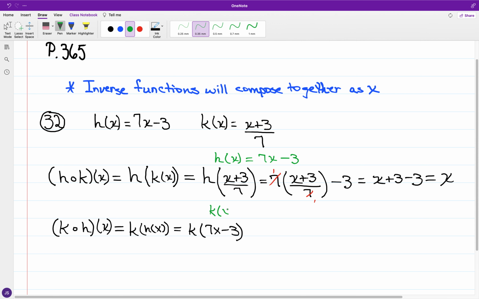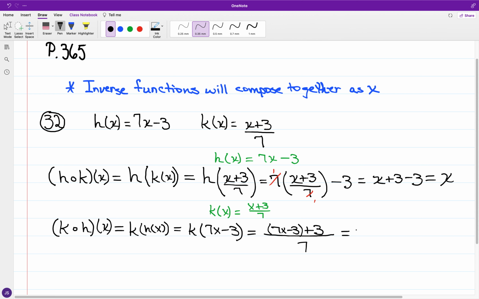Here we have k of the input is equal to the input plus 3 divided by 7. So the input is 7x minus 3, followed by the addition of 3, all over 7.